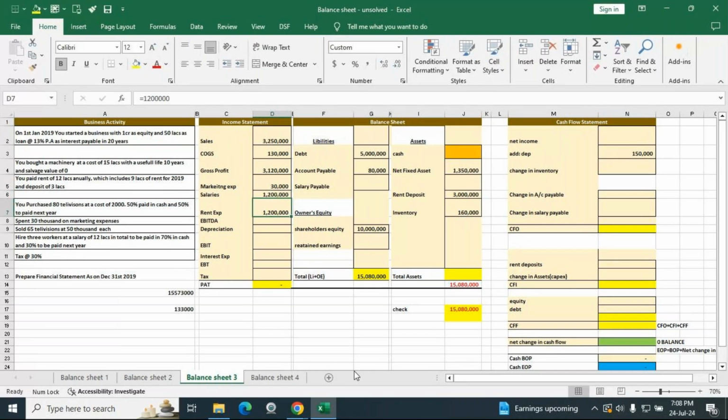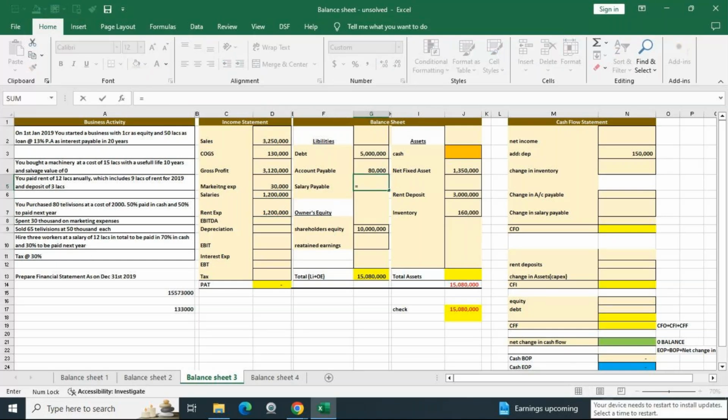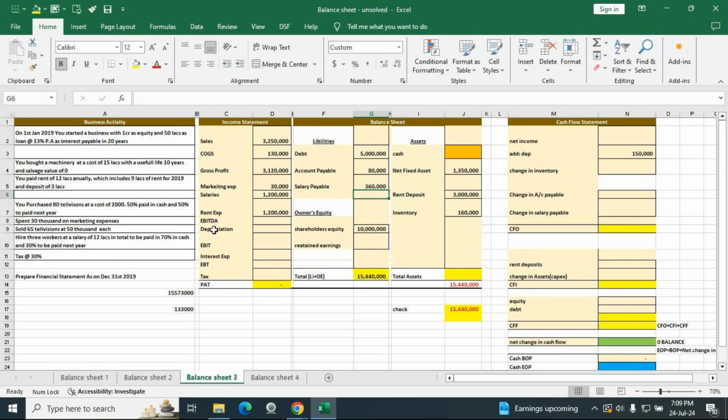So in this, what they are telling, 70% I have paid by cash, 30% of salary will be paid later. It is salary payable. So salary payable is, so equals 12 lakh into 30%. So it is 3,60,000 which I have to pay it later.